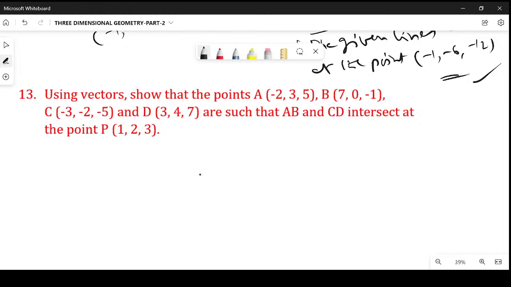We can write the equation of AB bar, because the points A and B are given. You can write the equation of the line passing through AB.